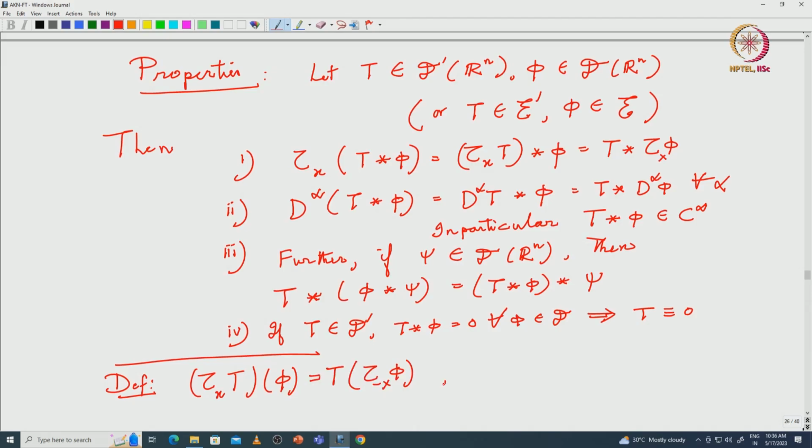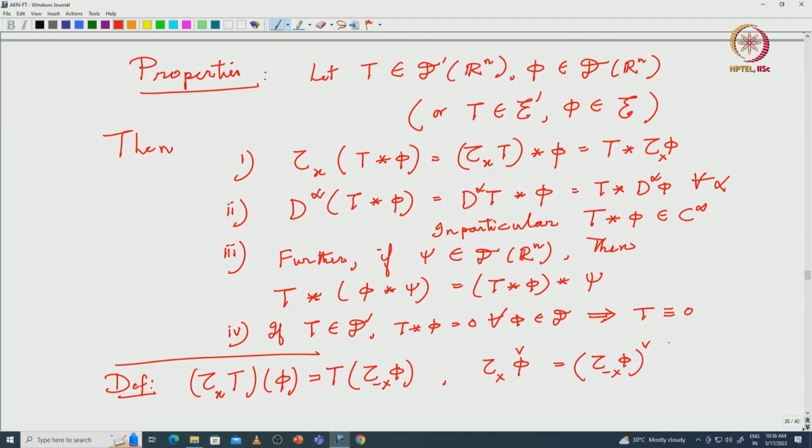We also have the formula that the inversion of tau x of phi is equal to tau minus x of the inversion of phi.